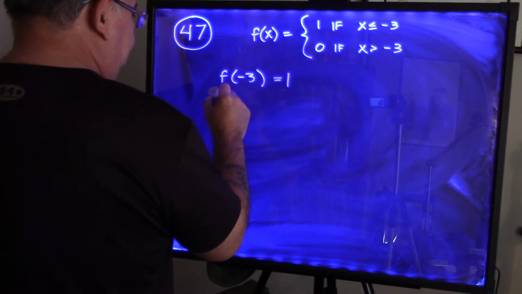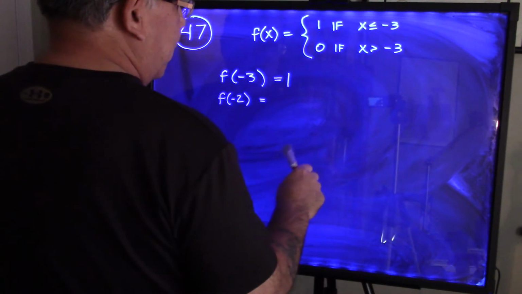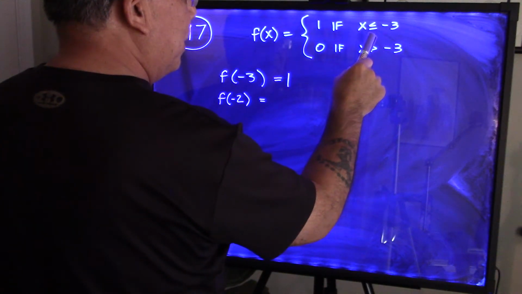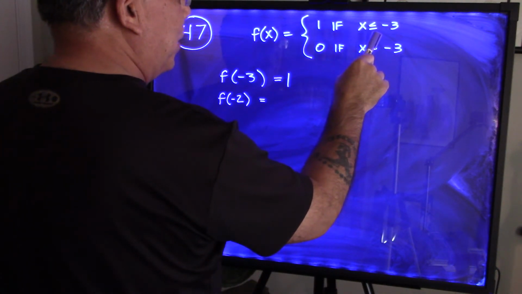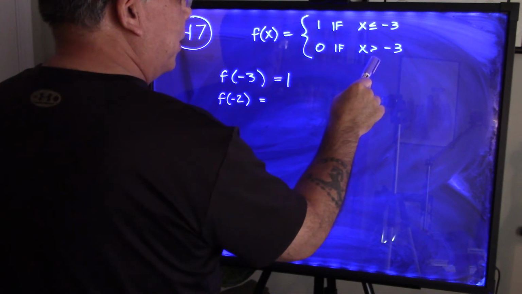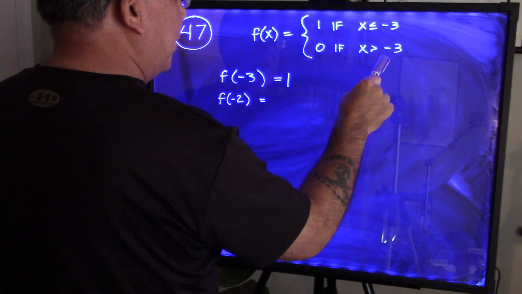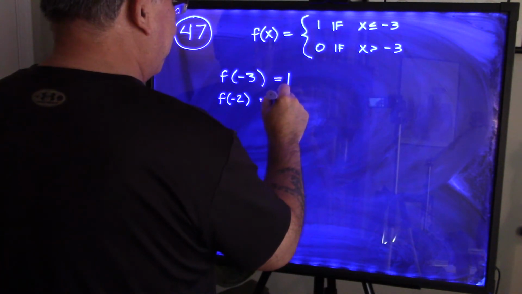F of negative 2. So if x is negative 2, where does that apply? Here? Well, no, negative 2 is not less than negative 3, and it's not equal to negative 3. So here it is, right? Negative 2 is greater than negative 3. So that means y equals 0, or f of negative 2 equals 0.